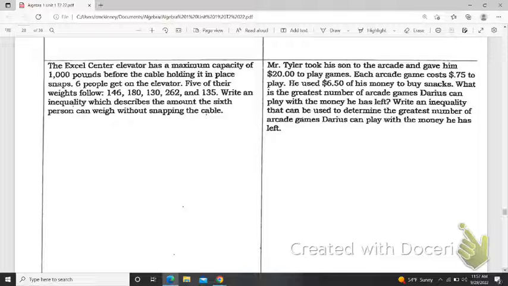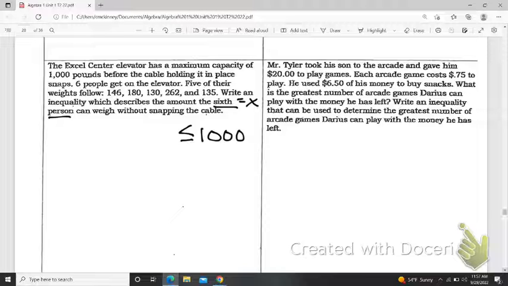So remember, maximum means we need to stay under or equal to that number. So we know something's going to be less than or equal to 1,000. And we are looking for the amount the 6th person can weigh. So that's what my X is going to be, that 6th person.